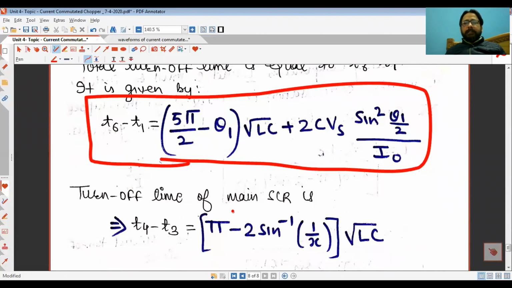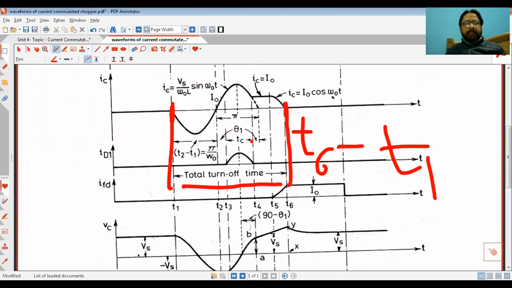Similarly, we can find out the turn off time of the main SCR. So where is the main SCR turned off?